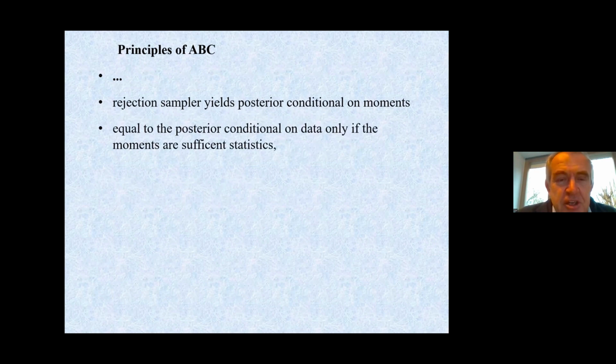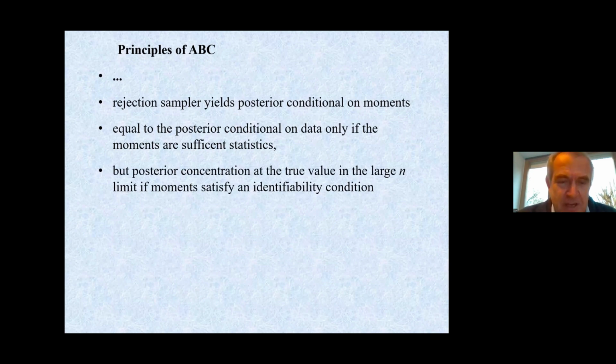So this rejection sampler yields the posterior conditional on the moments. It is equal to the posterior conditional on the data, in fact, if the moments are sufficient statistics, but this, of course, is not normally the case because that only holds for exponential distributions. But again, it can be shown that you would have posterior concentration at the true value in the large n limit.